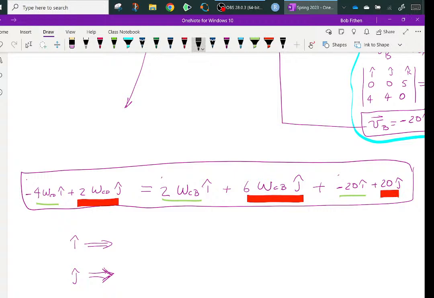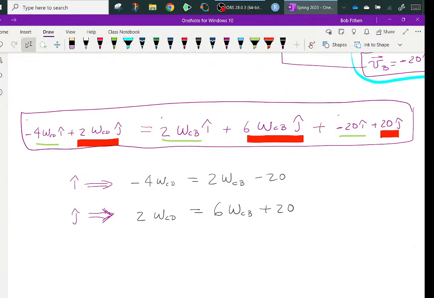And then I'm just going to write the equation. Okay, so for I, minus 4 omega CD equals 2 omega CB minus 20. And up here I got 2 omega CD is equal to 6 omega CB plus 20.